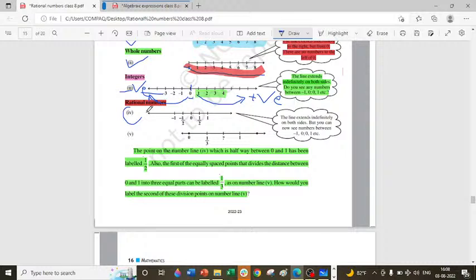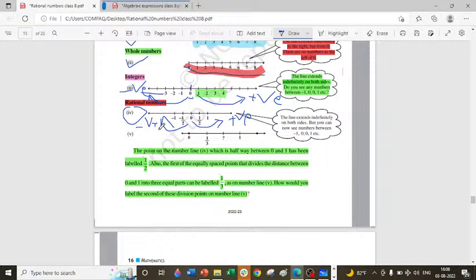On the fourth part you can see a number line. It starts with 0, and we are moving towards the right, and as I told you, when we are moving towards the right we put positive integers, and when we are moving towards the left we put negative integers.